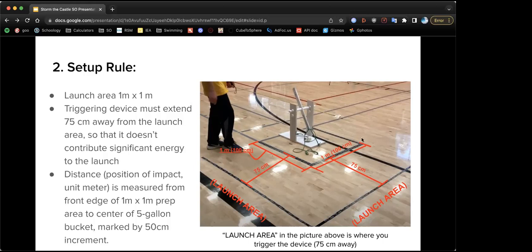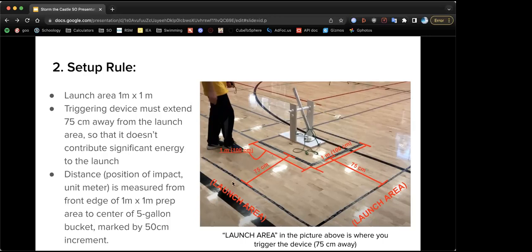Another rule is that you must trigger the device 75 centimeters away from the 1 meter by 1 meter square. So you pull the trigger around here, or you can do it from here, but I did it here. The whole point of that rule is so that it doesn't supply too much energy to the launch, and there's no extra energy going into the launch.